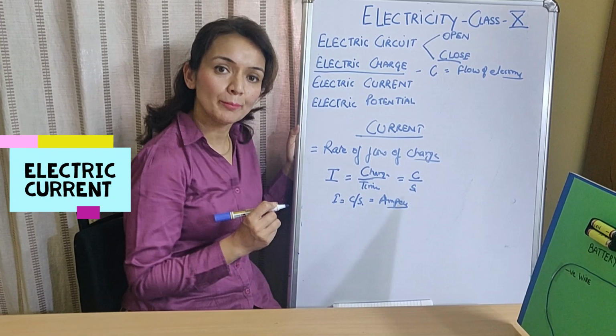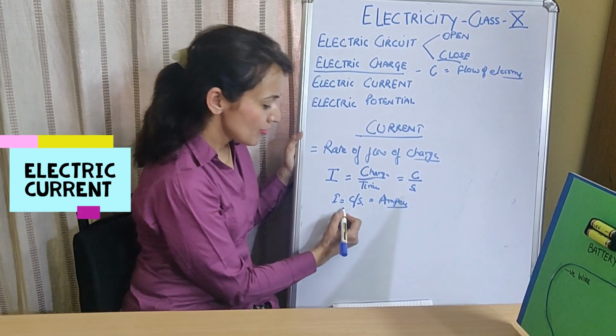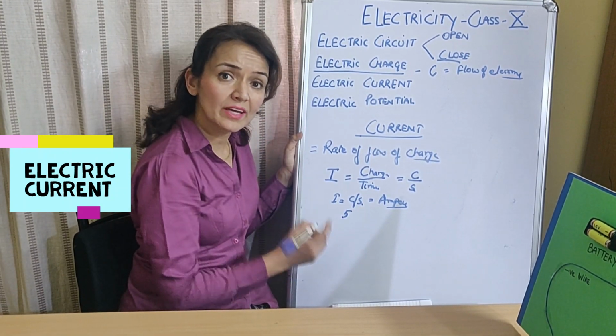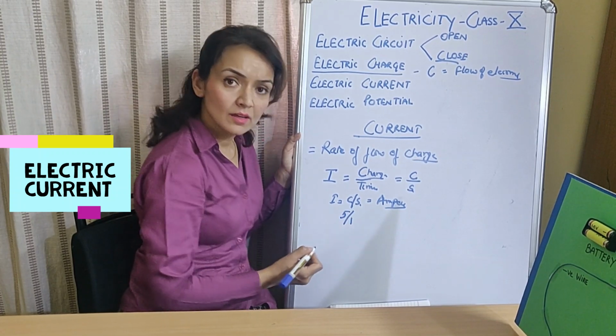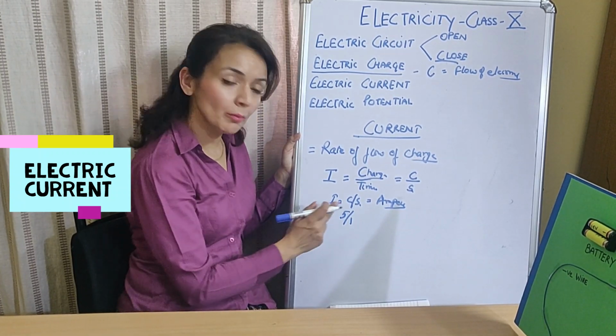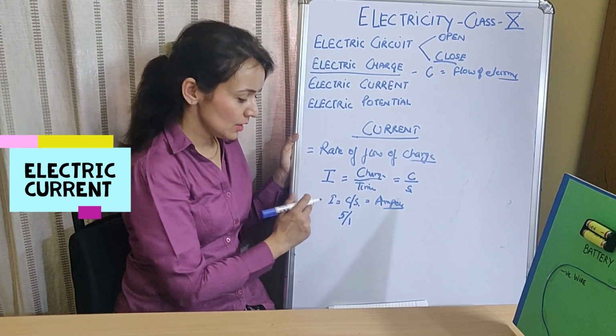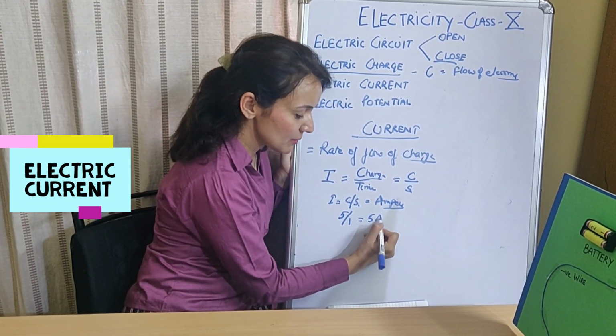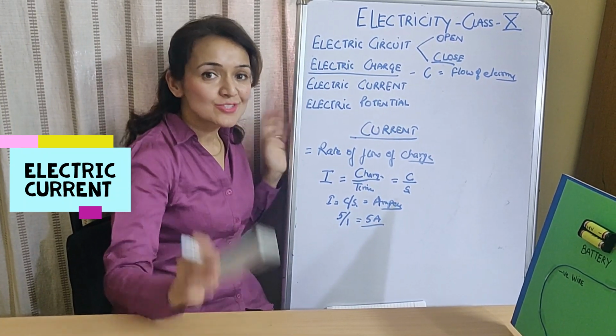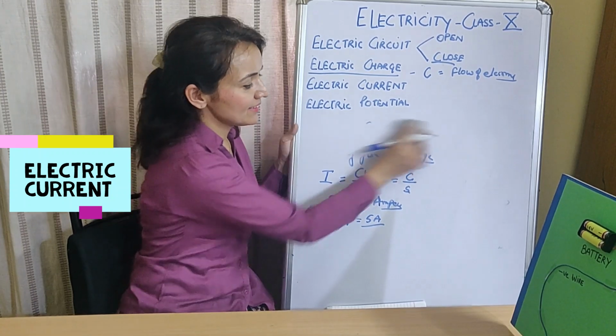We denote it as ampere. So what if I say 5 coulomb of charge is flowing in 1 second? What will the current be? Current will be 5 ampere. So you have got numerical value of current.